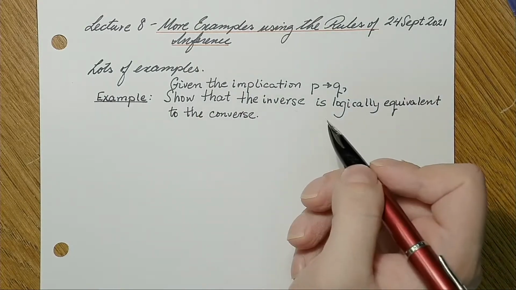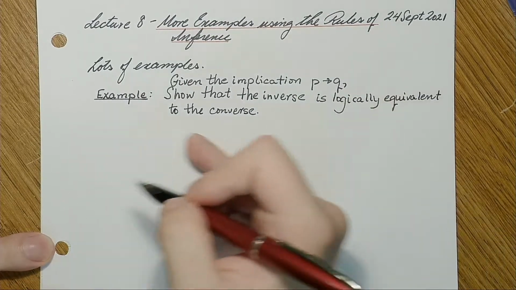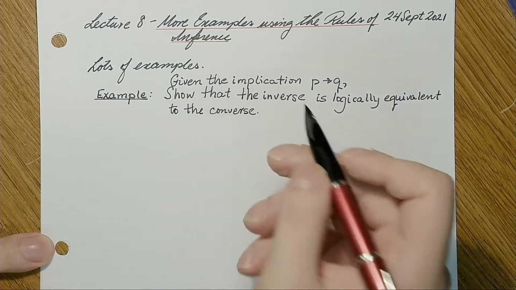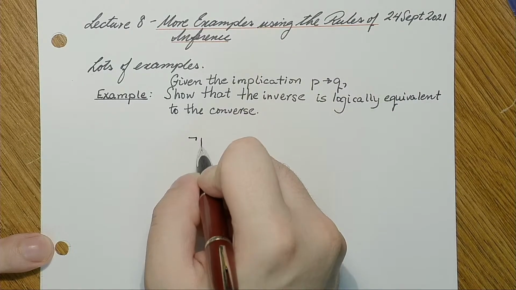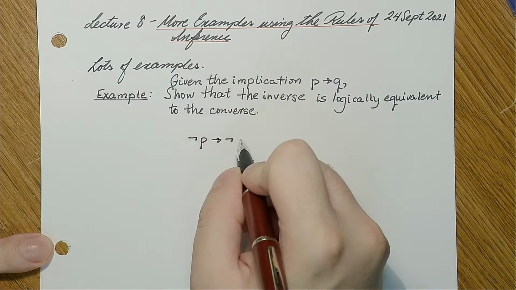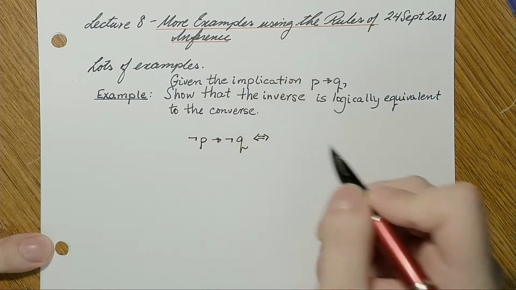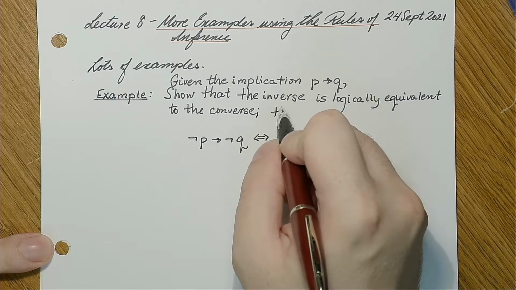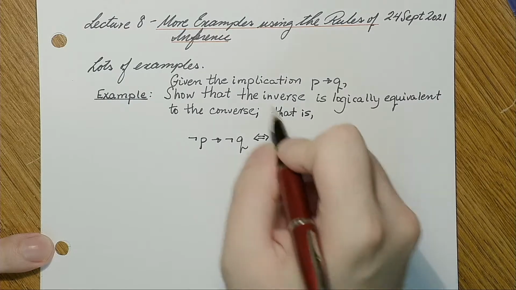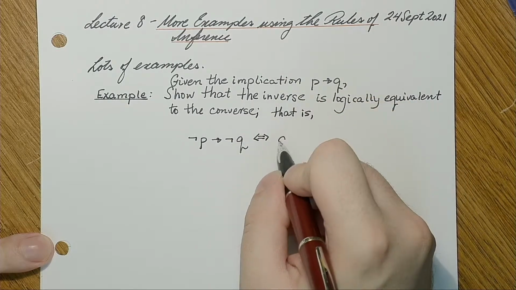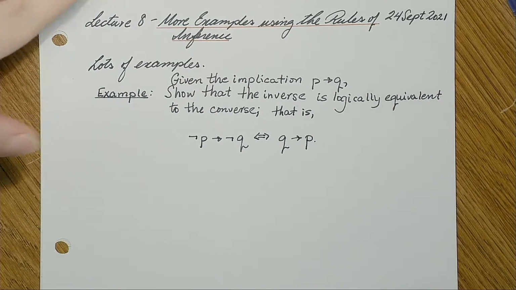Let's translate that into symbolic notation. The inverse, given the implication P implies Q, is not P implies not Q, and this is logically equivalent to the converse, which is the reverse direction, Q implies P.